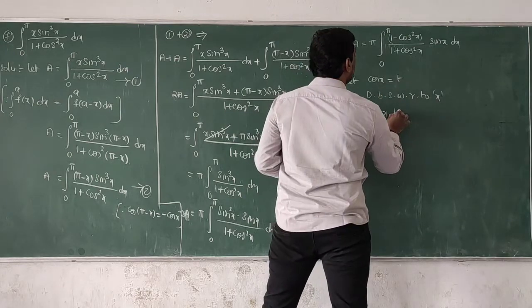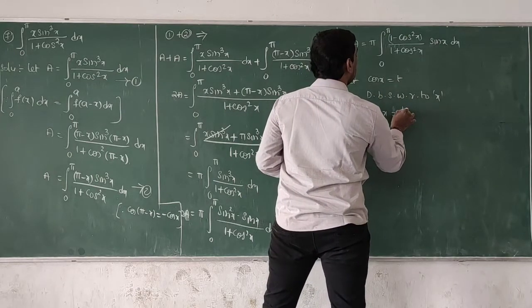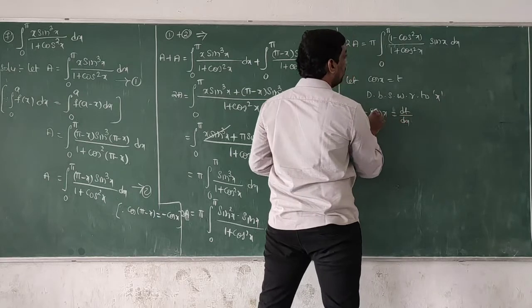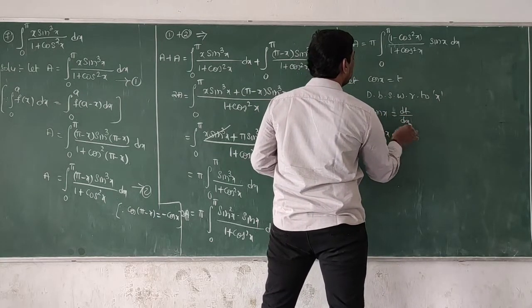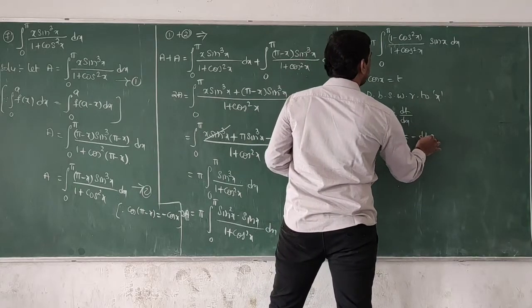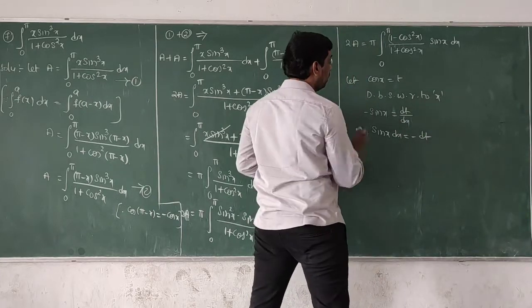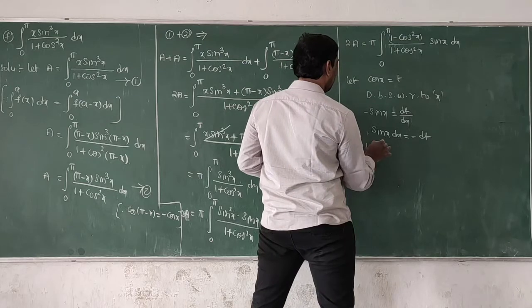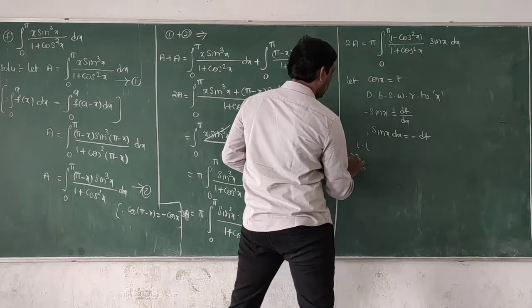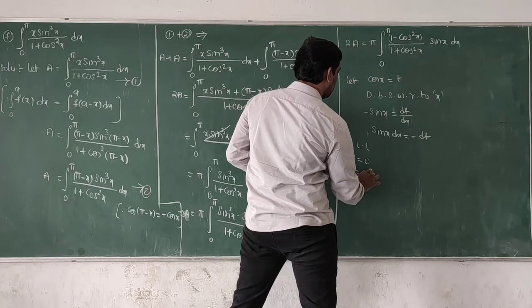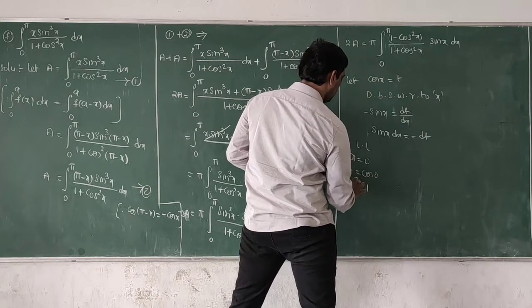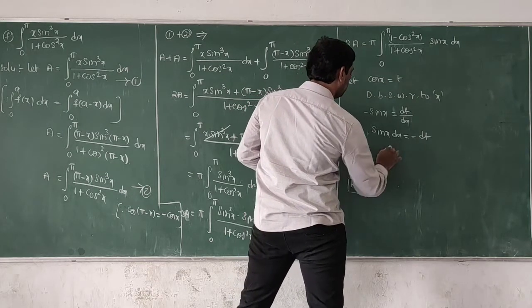From that, sin x into dx equal to minus dt. Okay. Here limits also change. What is the lower limit? x equal to 0. Our assumption t equal to cos x, cos 0 equal to 1, so t equal to 1.